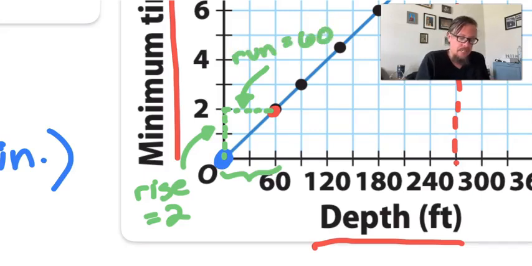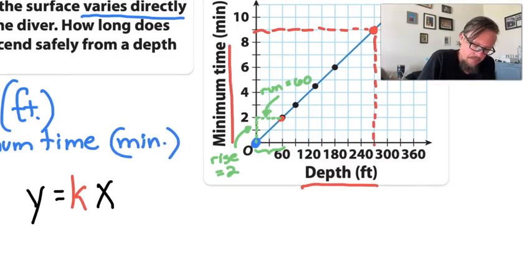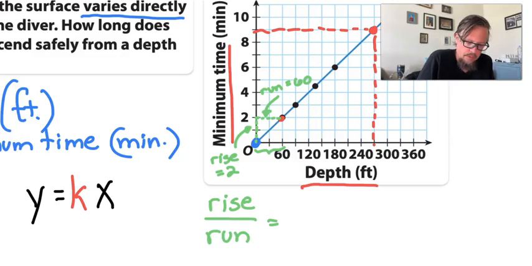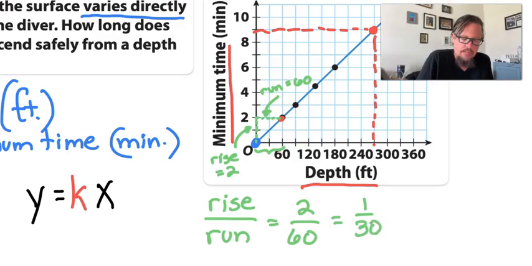So the run is 60. So the rise over run is 2 over 60, which reduces to 1 over 30, and that's my value of k.